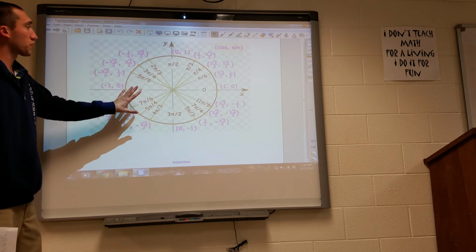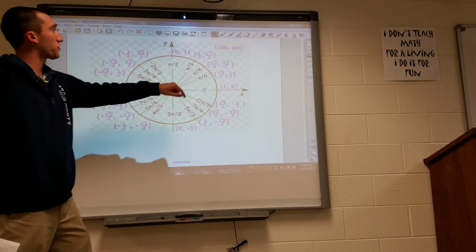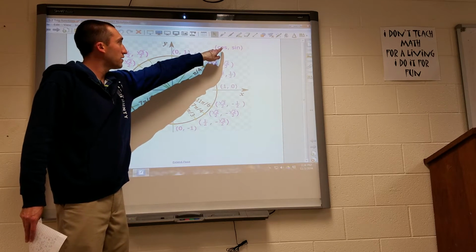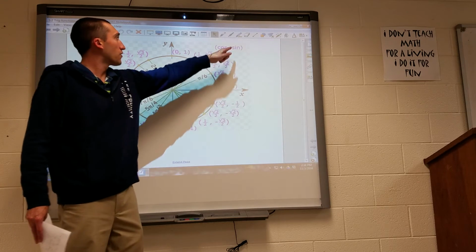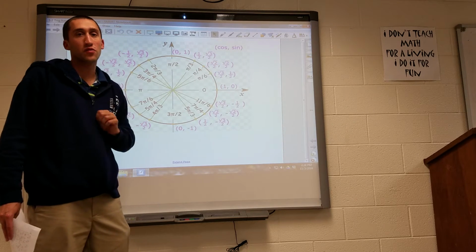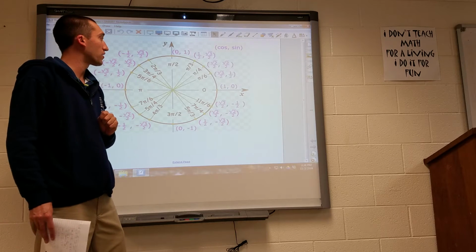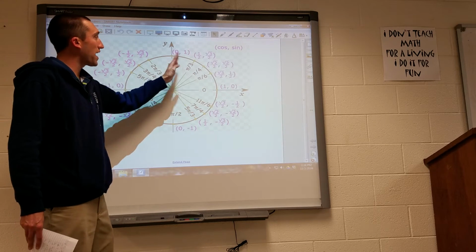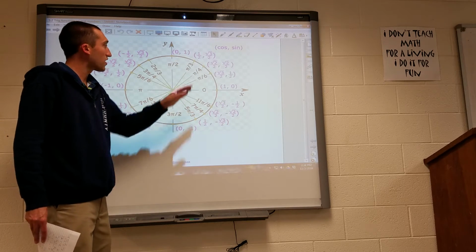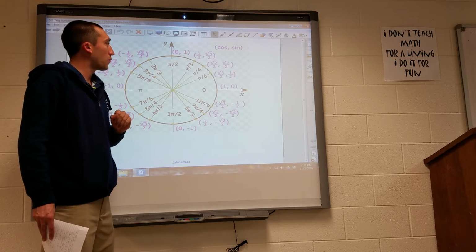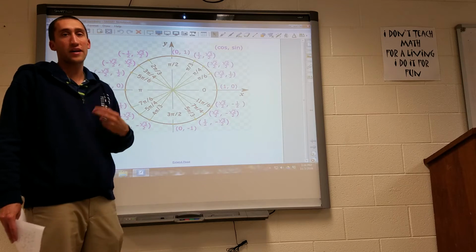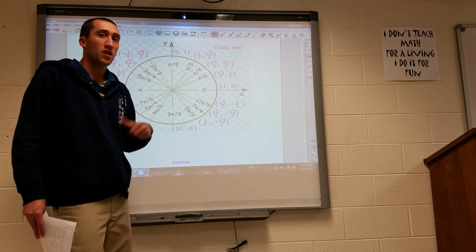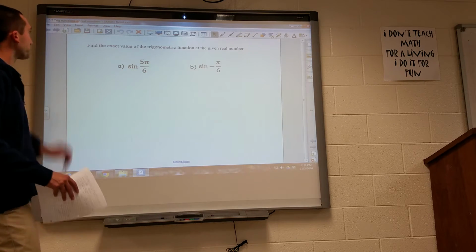The same unit circle that we looked at before: the cosine corresponds to the x value of each of my points, and the sine corresponds to the y value of each of my points. So as long as you have the unit circle memorized, for any given angle value, you should be able to know the cosine and the sine of that specific angle. I'll show you some examples.